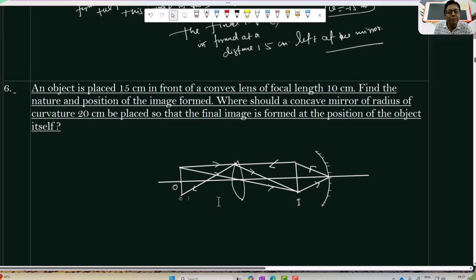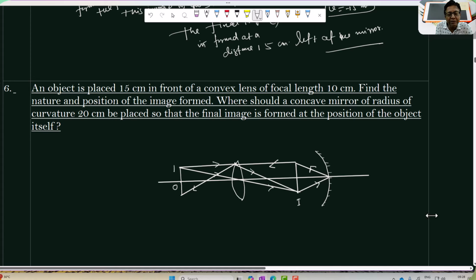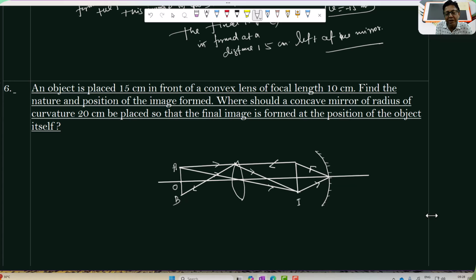So for this problem, the diagram is like this. Object is here and this is the image. Mirror, this is lens. Since it is given, the image is formed at the position of the object. So one ray will be going there and then send a ray parallel. It will meet here.